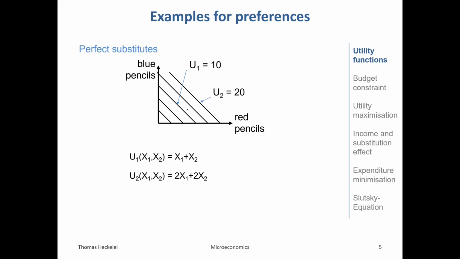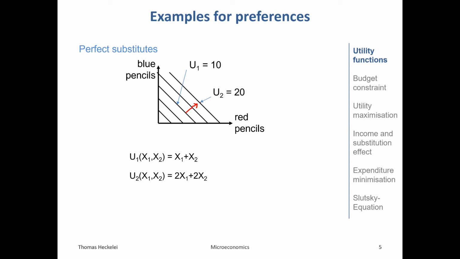So that is, we move to a higher level of utility, right? With U2 equal to 20 now. And that means a parallel shift of the indifference curve to the right-hand side.